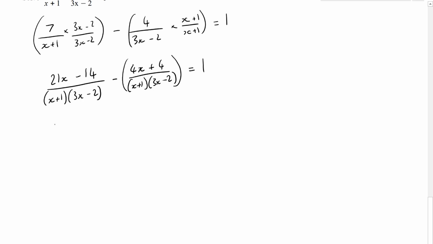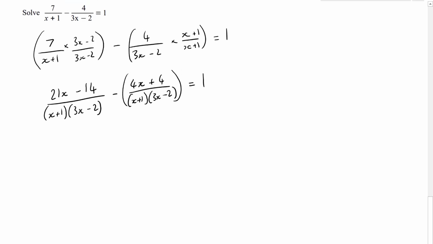What that means is this is going to form 21x minus 14 minus 4x minus 4 all over x plus 1, 3x minus 2.